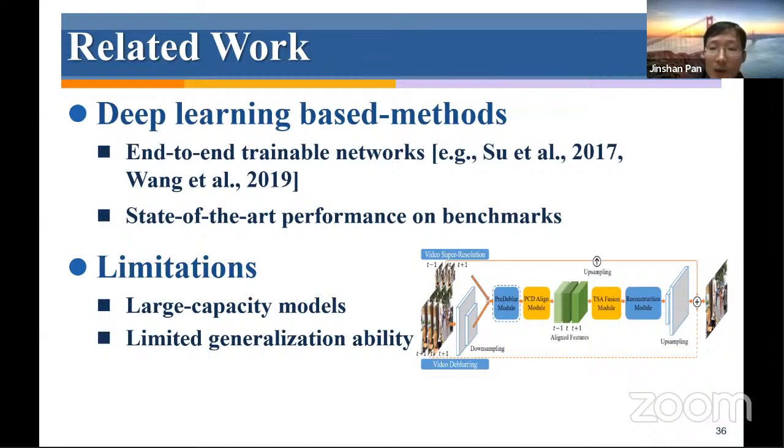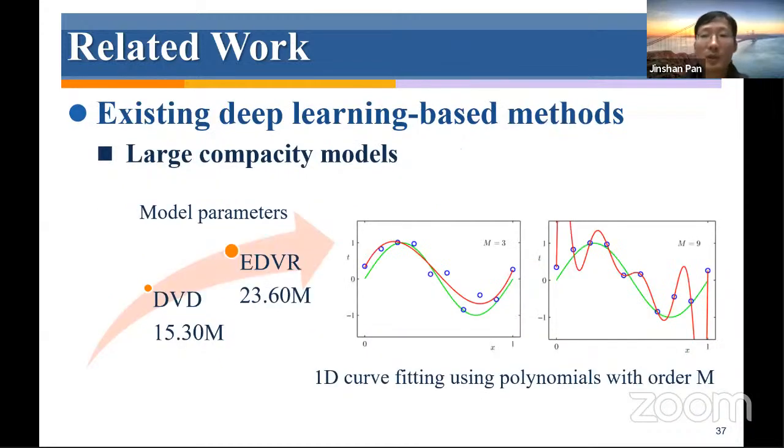In addition, although decent performance has been achieved on the synthetic datasets, they do not perform well on real-world applications. And in machine learning, we know that although using more parameters will reduce the training error, the trained models are likely to overfit.